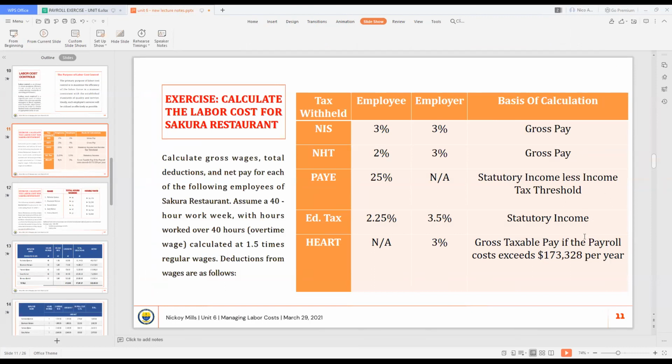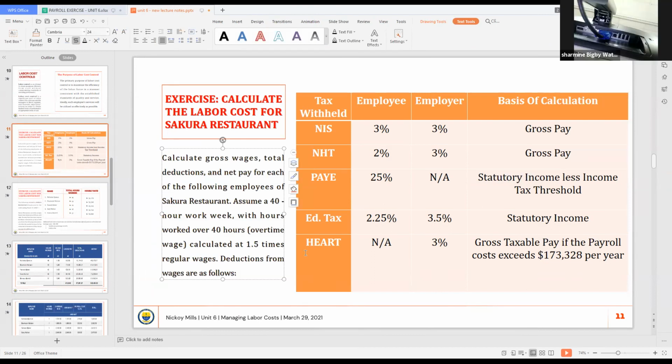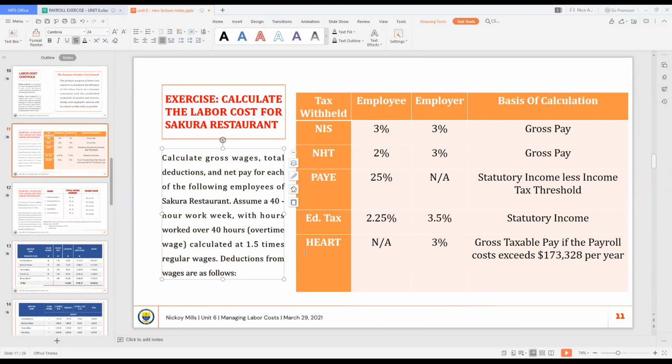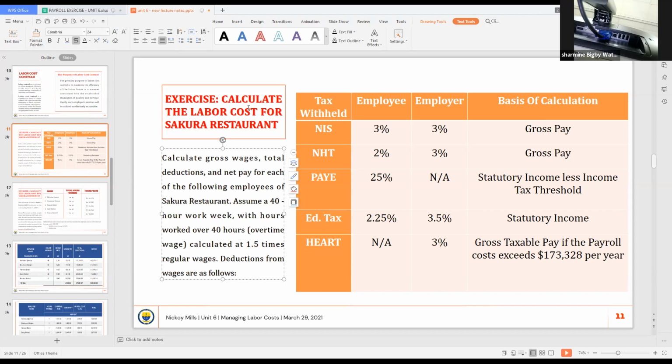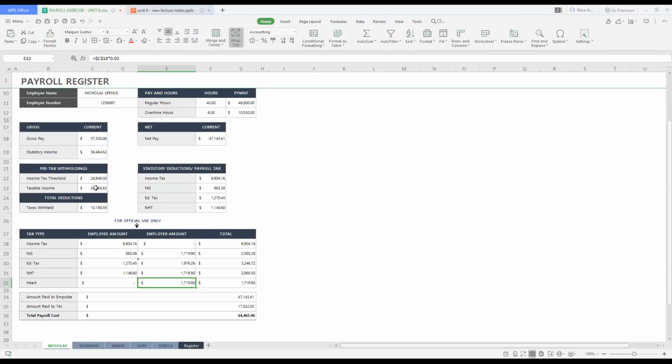We just calculated the income tax threshold to be $28,848. That's not the statutory income, that's the income tax threshold. So what is the statutory income that we calculated? It was the gross pay minus the NIS, which gave us $56,464.62. So that's what you need to take the $28,848 away from, to get the taxable income.